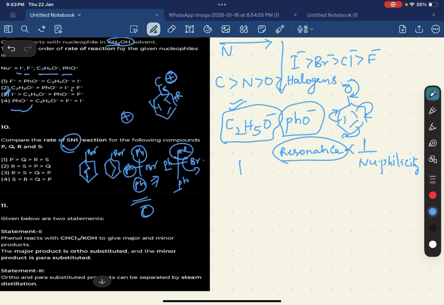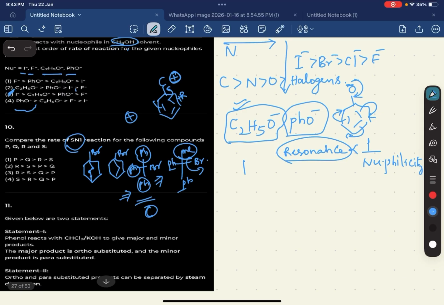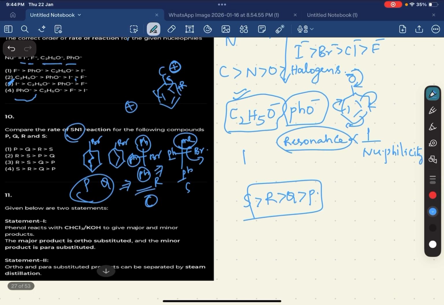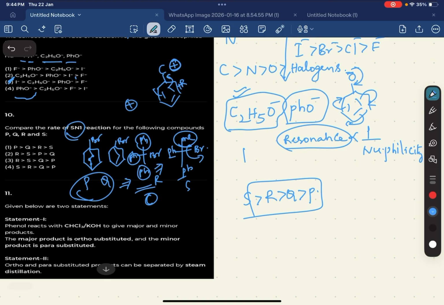So comparatively, the third option and fourth option have less stability of carbocation. So the answer is S greater than R greater than Q greater than P, this is P, Q, R, S. The last one is Bent's rule based. So bridged carbocation stability wise, we can decide the answer Q greater than P, students.